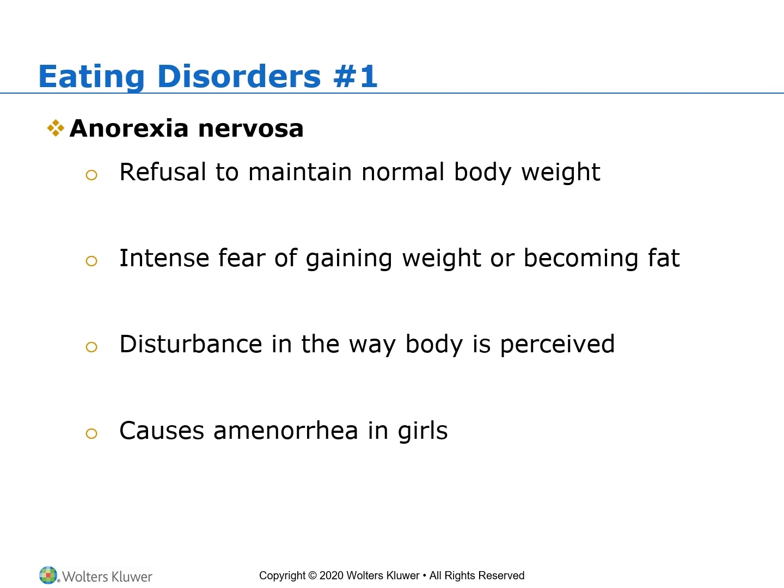You'll see those more in developed societies, in all socioeconomic and all ethnic groups. Genetics, biologic, behavioral, psychological, and social factors play a big role in the development of this disorder.